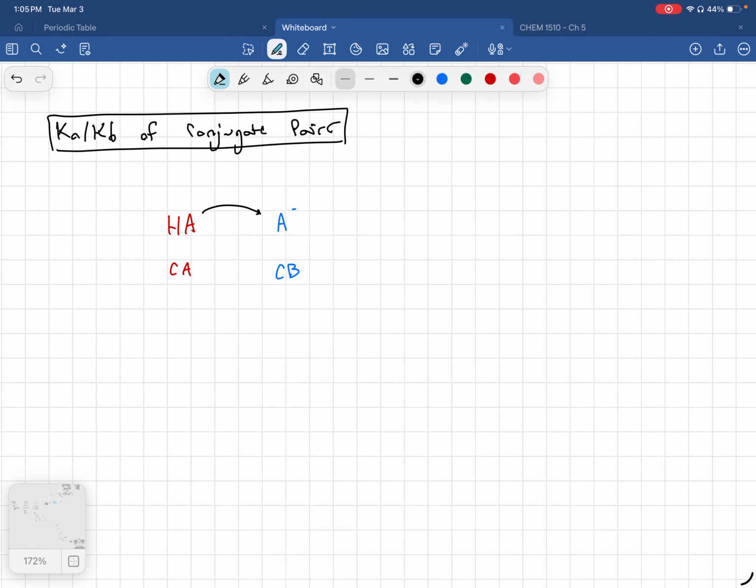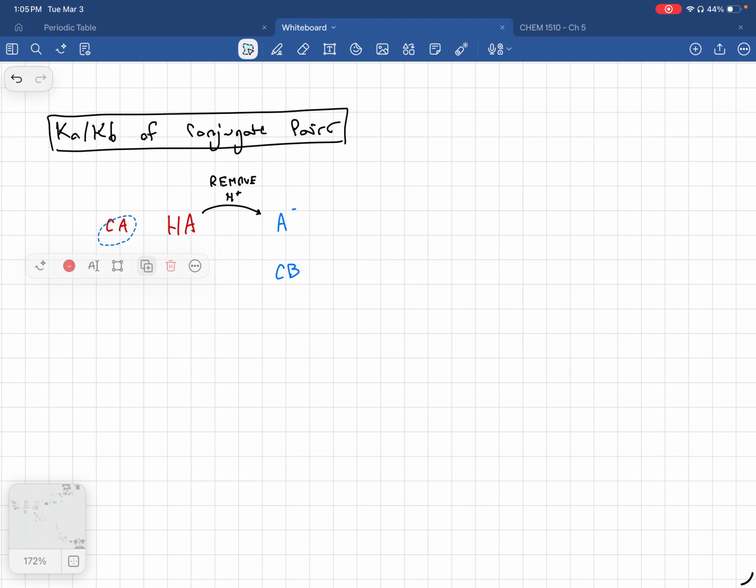Note the conjugate base of HA is A minus, and we get that by removing an H plus.